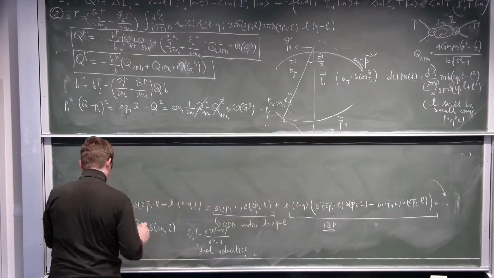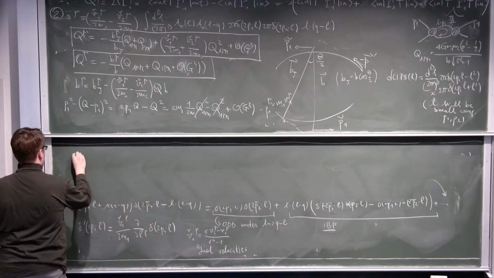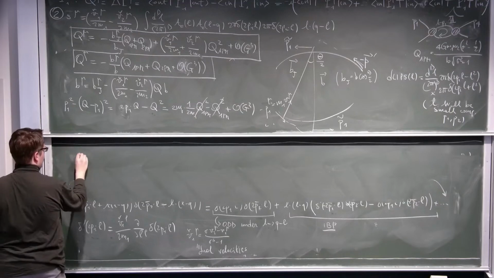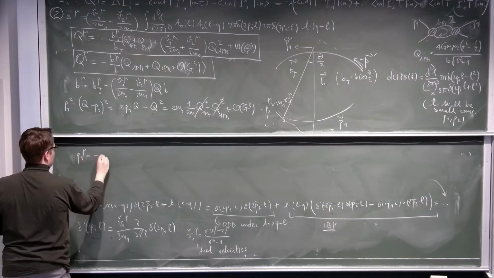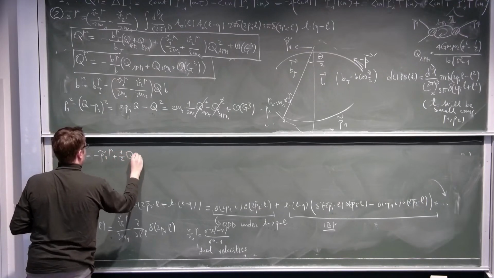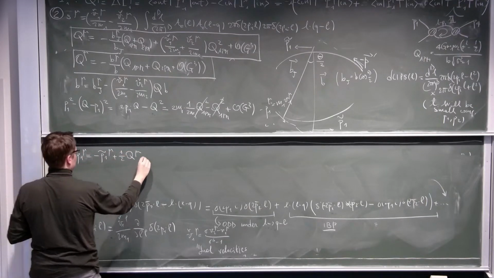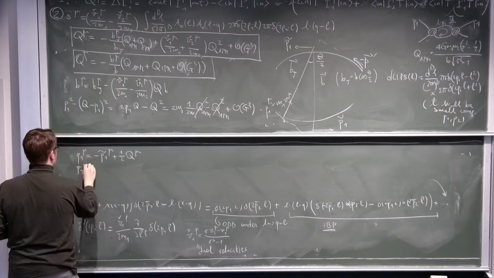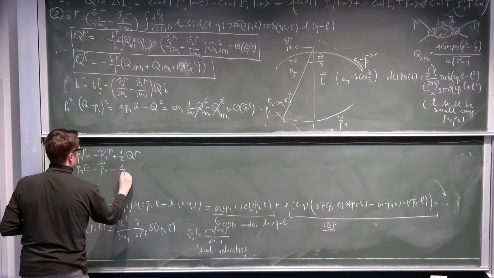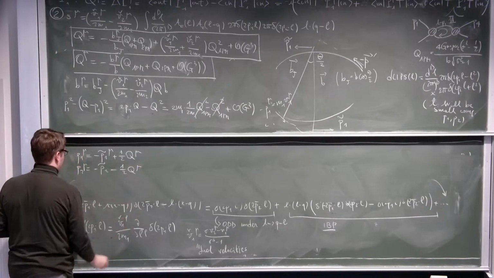Just for future reference. They are basically related to p1 and p2 in the same way as the p bar variables, but there is an important distinction. Minus p tilde 2 plus minus half q mu, and similarly for p3, p4.